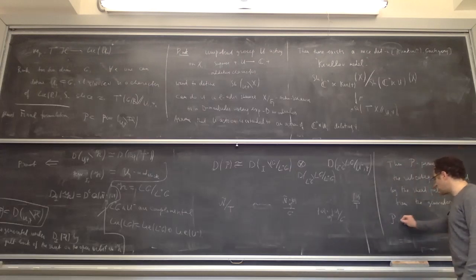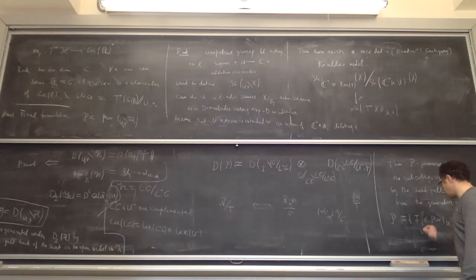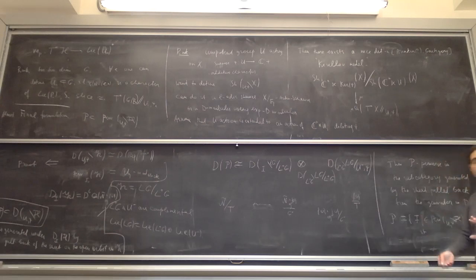P is equal to the set of F in the category of sheaves on flags mod U minus psi, such that the shifted singular support, defined using the Kirillov model, is contained in the locus E. So there is this characterization.